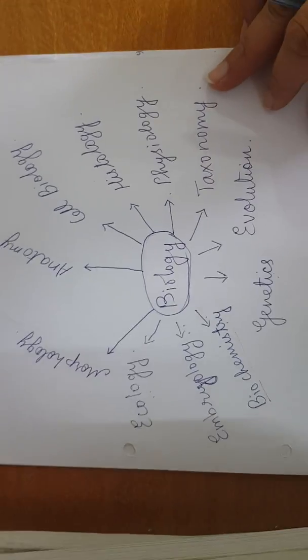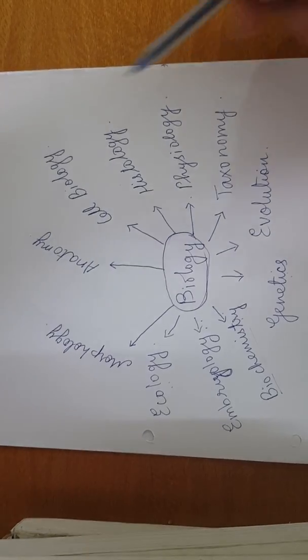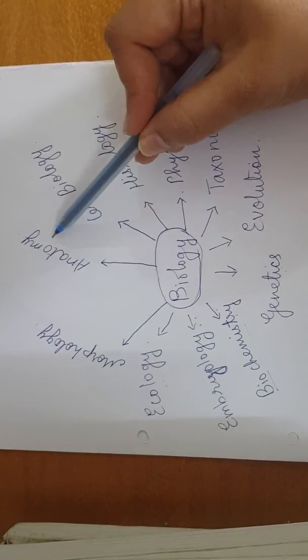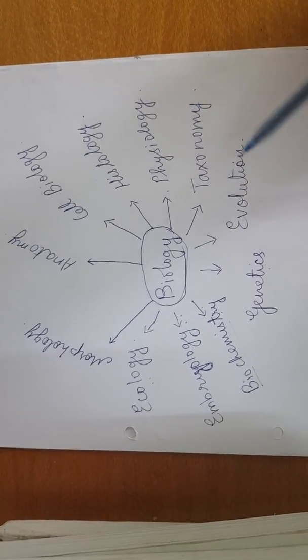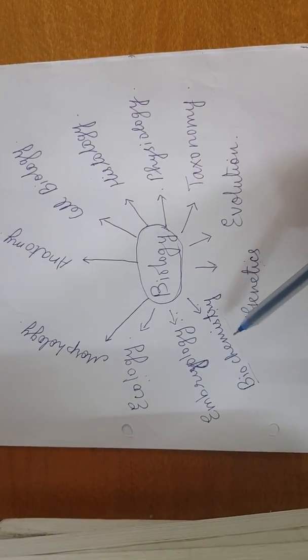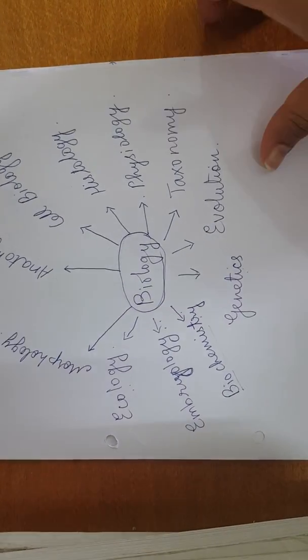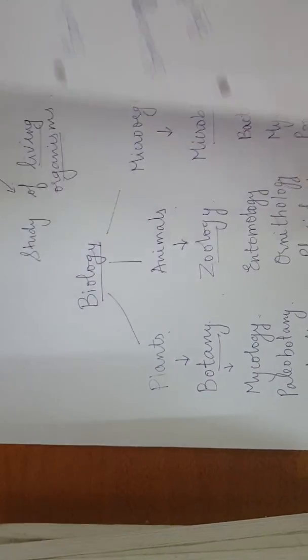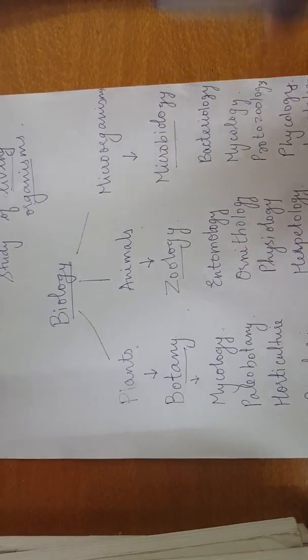So this is a complete view of subjects of biology. I'm repeating again: anatomy, cell biology, histology, physiology, taxonomy, evolution, genetics, biochemistry, embryology, ecology, and morphology. Children, before this we studied three branches: botany, zoology, and microbiology.